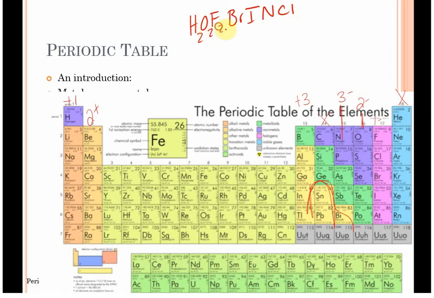You're never going to see oxygen floating around. You're going to see O2. You're never going to see nitrogen. It's always going to be N2. Most of the Hofbrinkel or diatomic elements, fluorine, bromine, iodine, chlorine, these are all halogens, so they like to be diatomic.